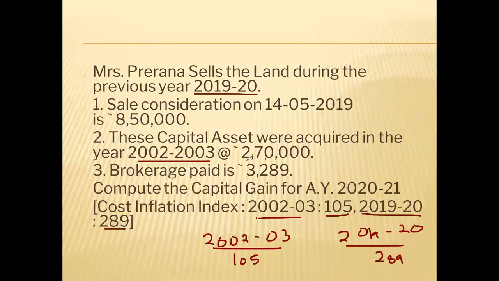Now in 2002-3 the cost of asset was 2,70,000. So what will be the cost of asset in 1920? Simple. You can cross multiply and find out the answer. So you will get the inflated cost of this asset in 1920 using these indexation factors. Can anybody calculate the revised or increased cost? Just do the cross multiplication. Everybody knows how to do cross multiplication.